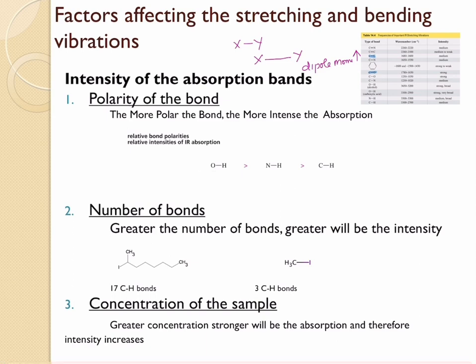Also, when you compare the intensities of the OH bond with NH and CH, you can definitely say that the OH bond is the one that's going to be more intense, because this is the most polar bond.